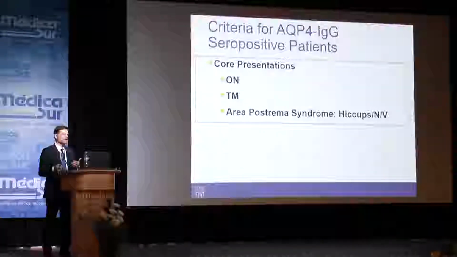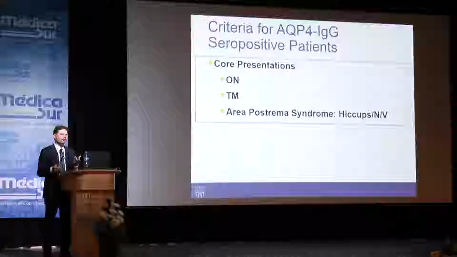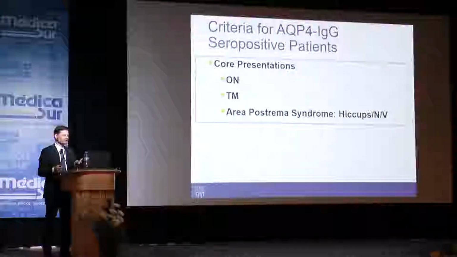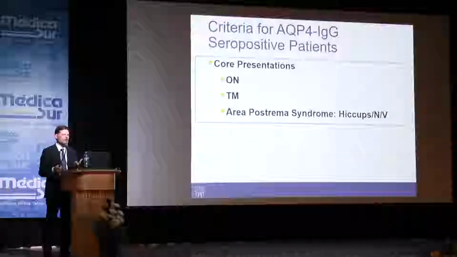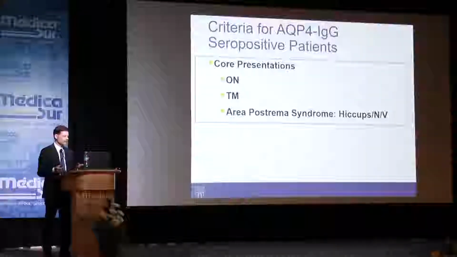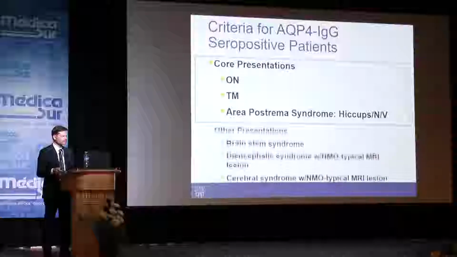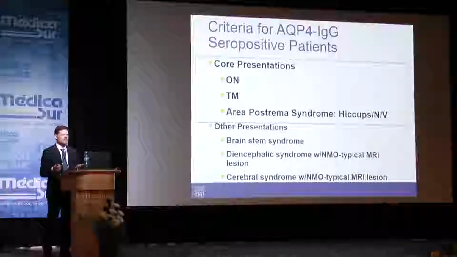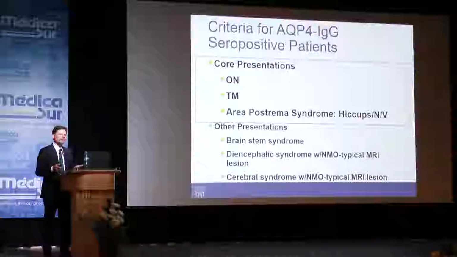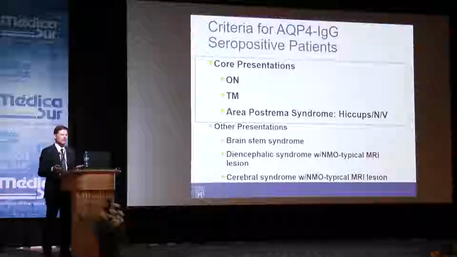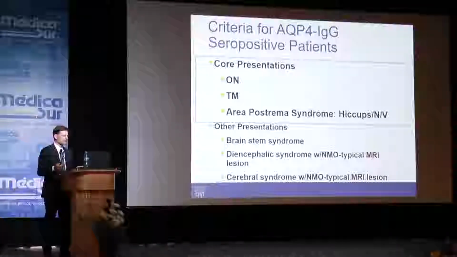So that's a discrete episode of persistent, prolonged hiccups, nausea, or vomiting, usually in combination, due to a lesion in the dorsal medulla, the area postrema.